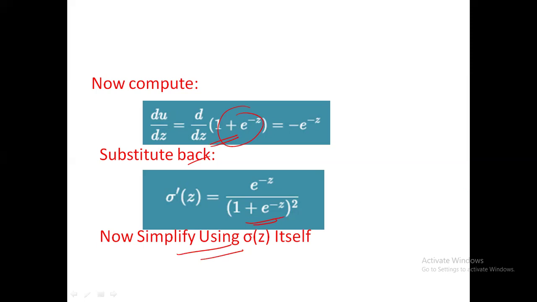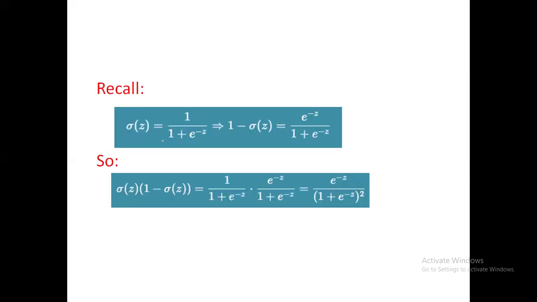Again, if you are simplifying this, we will write it as sigma z is equal to 1 divided by 1 plus e power minus z. Otherwise 1 minus sigma z is equal to e power minus z divided by 1 plus e power minus z.